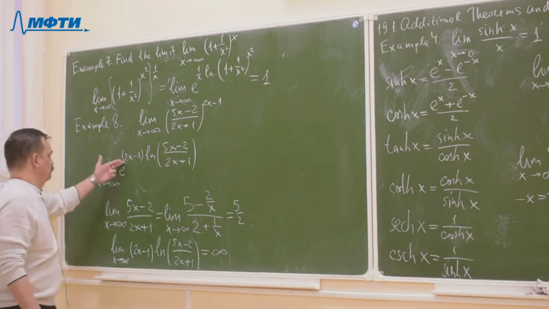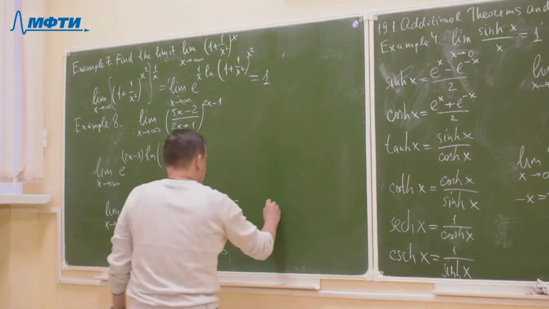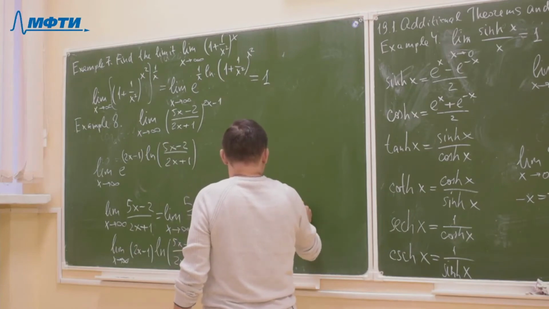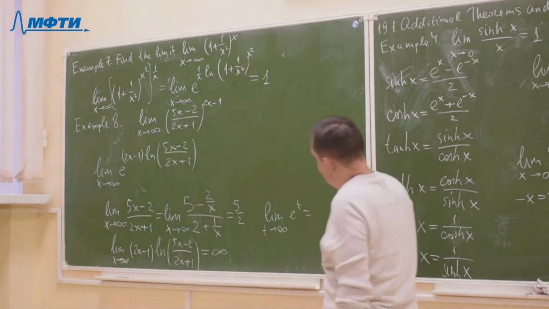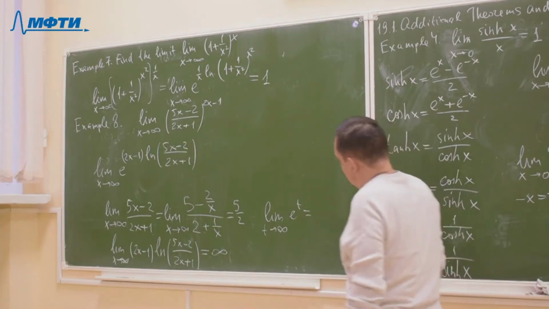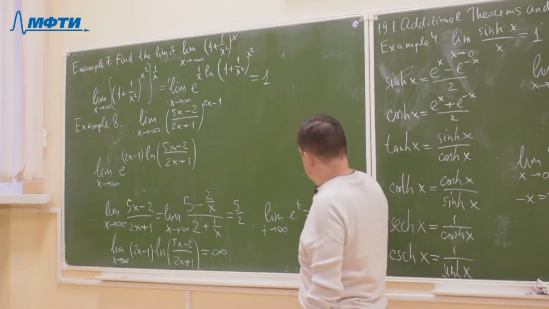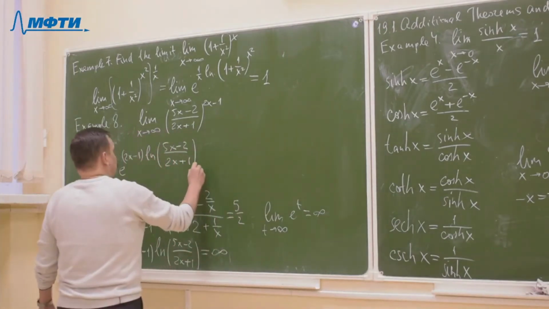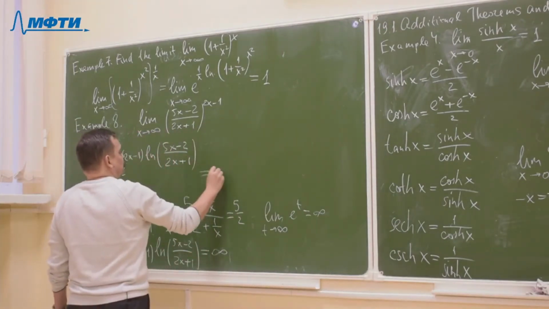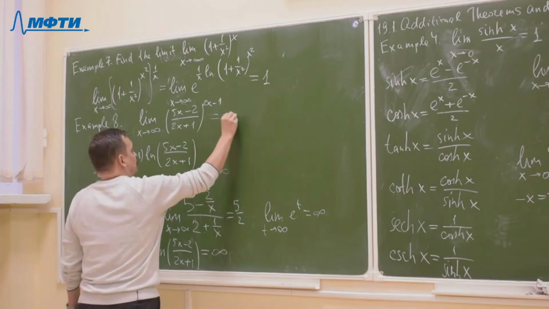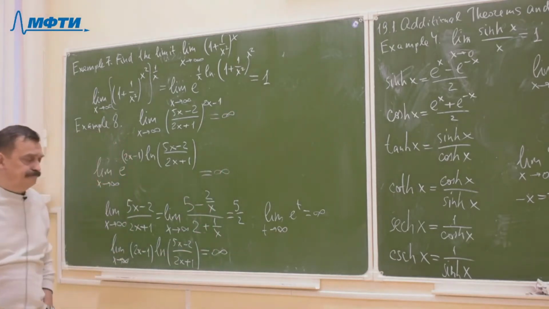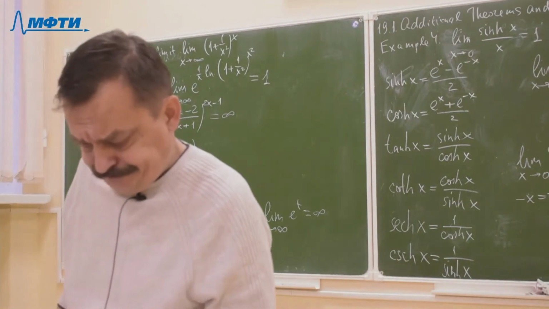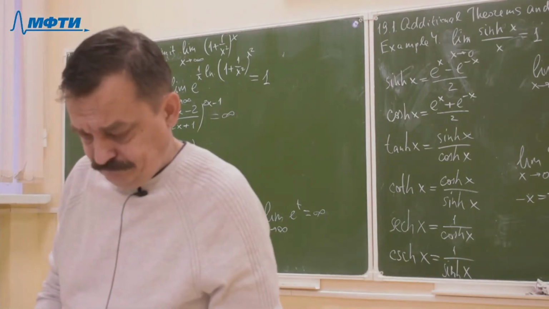And if the exponent tends to plus infinity, the limit of the exponential is plus infinity as well, right? So the answer is infinity. Okay. Great.